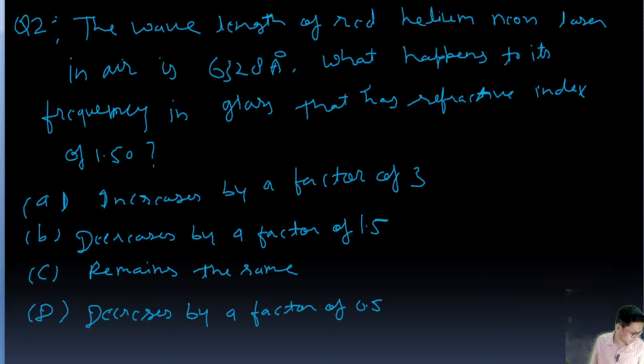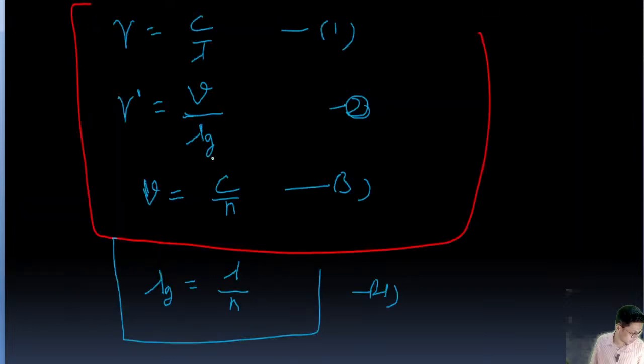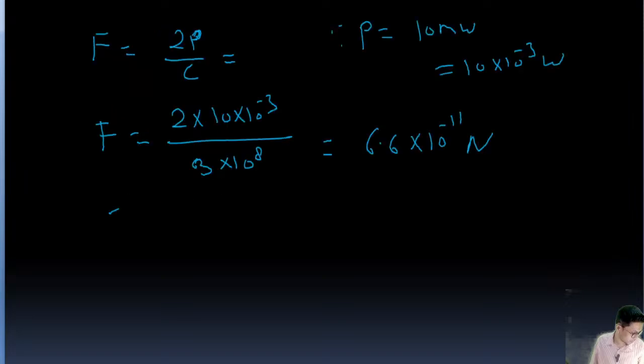Then we can write this frequency, nu dash, is V upon lambda g. Velocity value we know is C by n, and lambda g value is lambda upon n, from equations 1, 2, 3, 4.